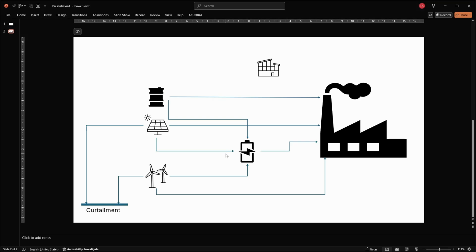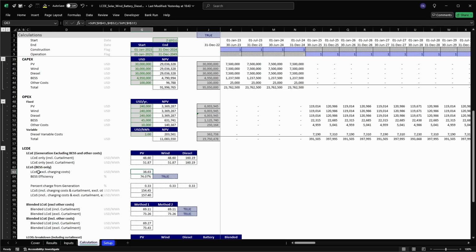There's a cost for you. It may be zero in some circumstances, but most likely will never be zero, okay? So that's what I'm calculating here now. It is only the LCOS excluding charging costs, or the LCOS considering the capex and the opex. And that's very straightforward to do.